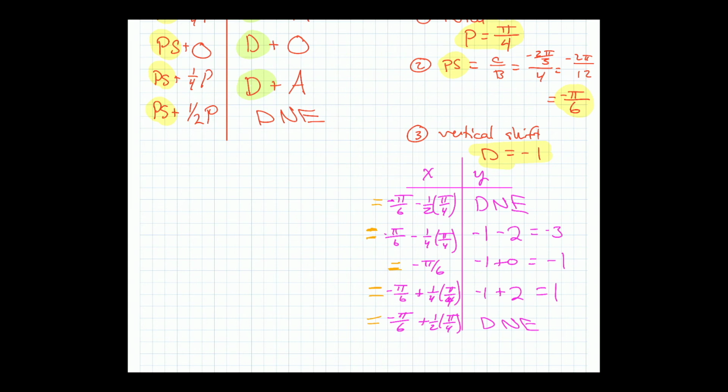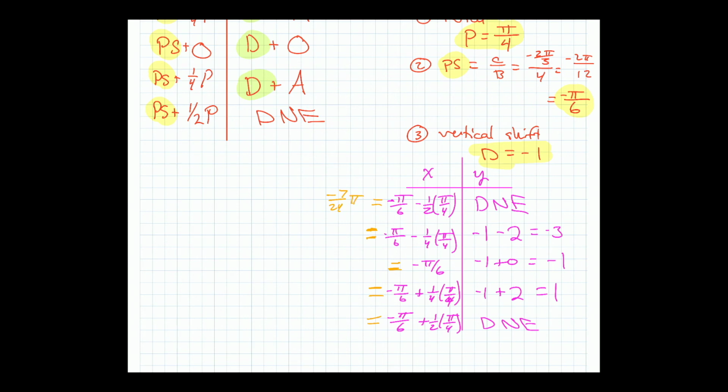So I got, what do I got? Negative pi, oops, clear. Negative pi over 6 minus pi over 8, it looks like. Ooh. Negative 7 over 24 pi.